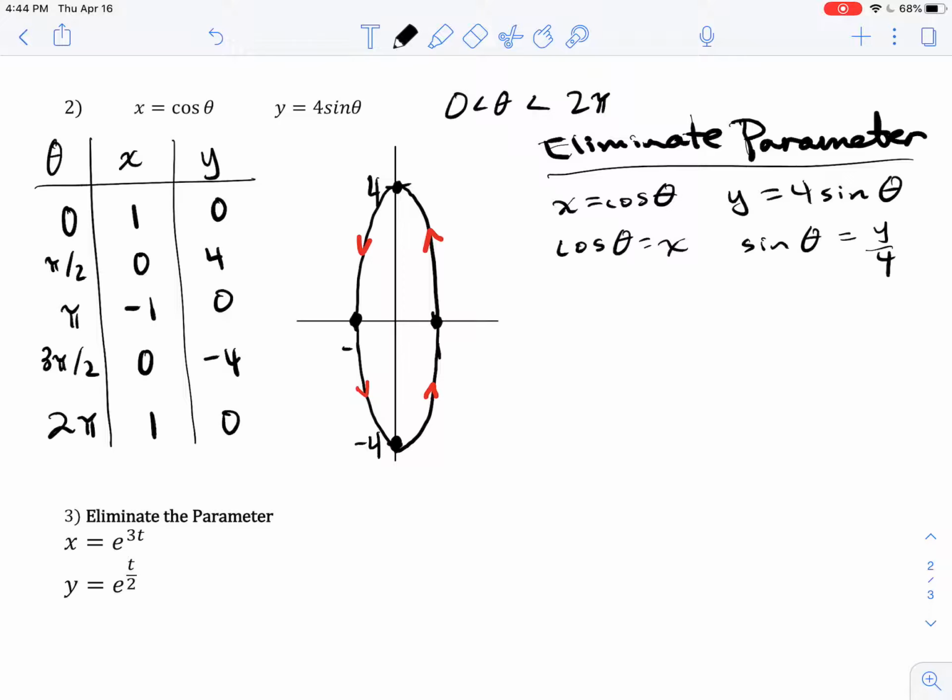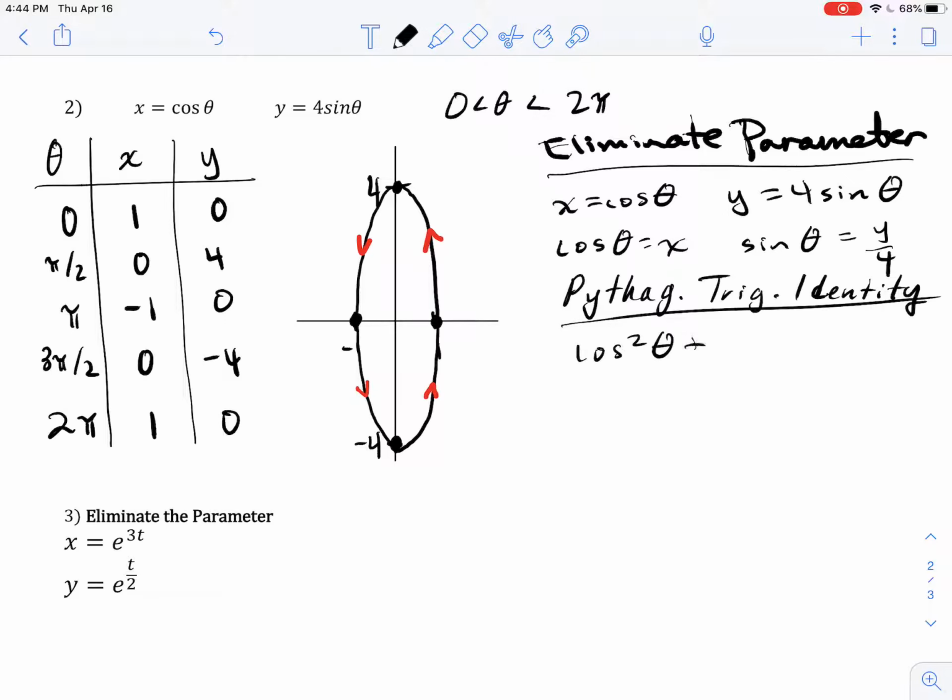And hopefully you realize, we know of the Pythagorean trig identity, which says that cosine squared theta plus sine squared theta is equal to 1. It's the Pythagorean trigonometric identity.